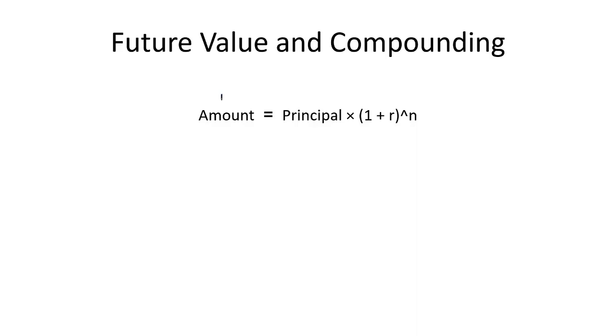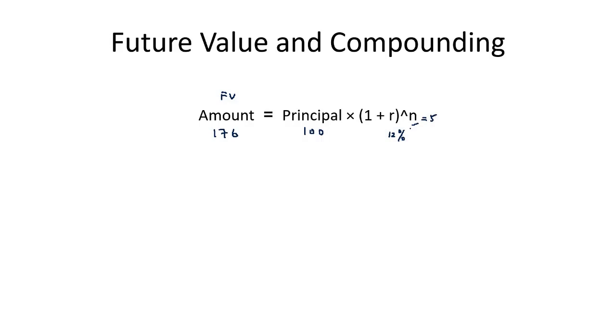So this is basically future value. In our example, this became actually 176. Principal was 100, what you invested earlier. You started with 100 rupees. Your R in the example that we took was 12% and N was 5 years.